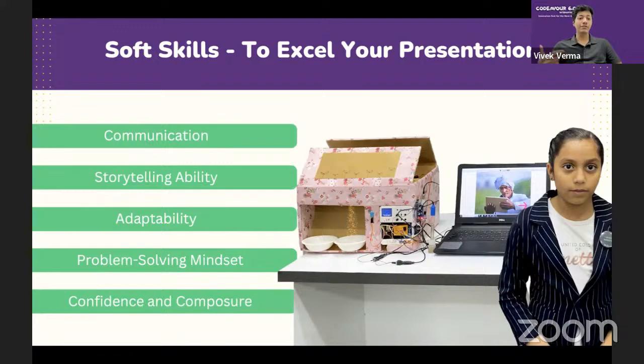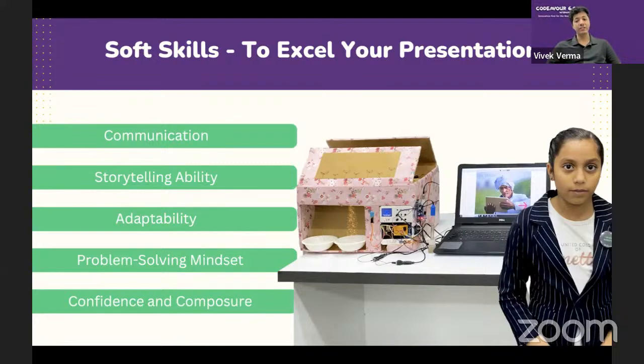Even Apple, even Google, even any of the big tech giants, they also practice their presentations beforehand so that they're able to deliver them very confidently, without any faltering or fumbling. So that has to be there, right?